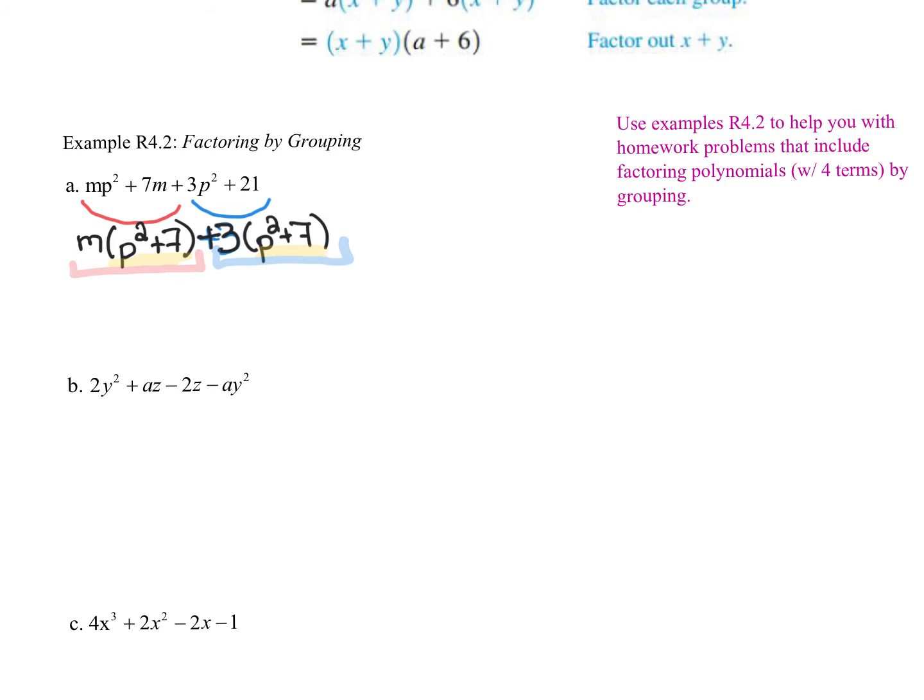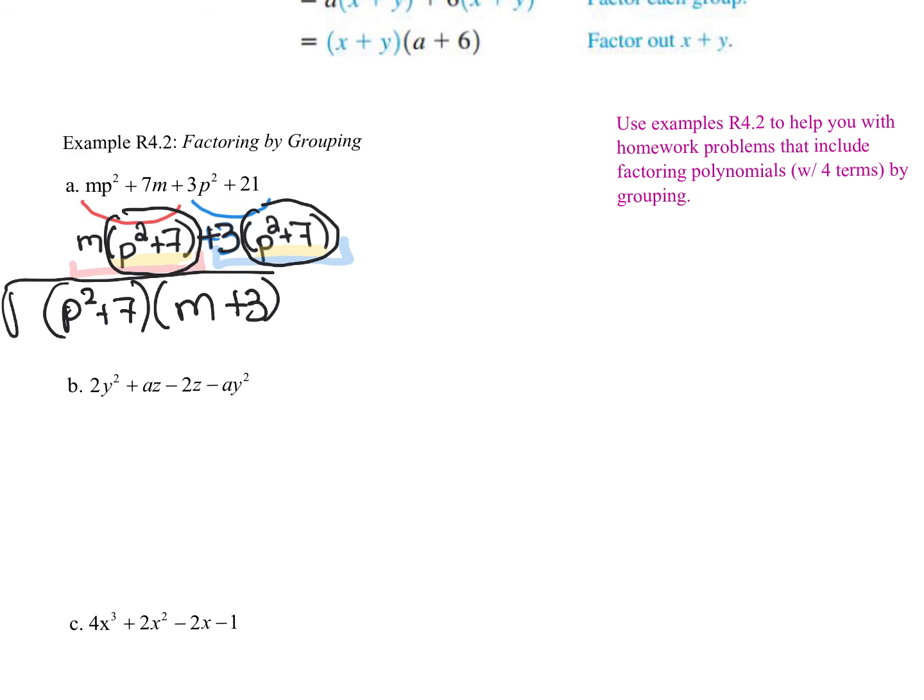So from both of these things, I'm going to pull out a GCF again of this p squared plus 7. And then left in my red team, my red team has an m left, and my blue team has a plus 3 left. And now we have factored by grouping.